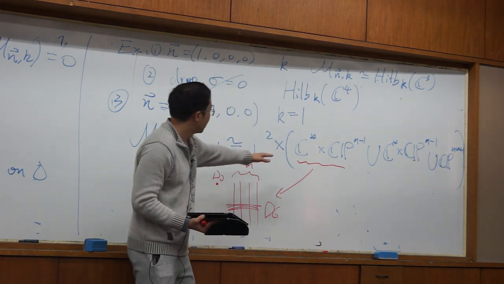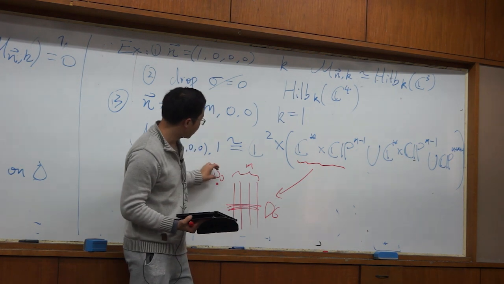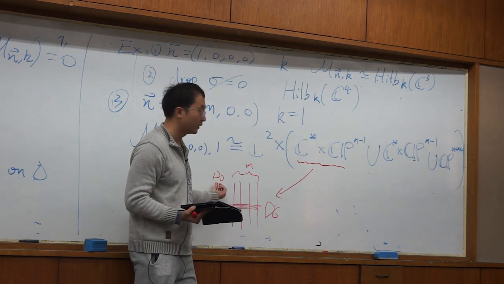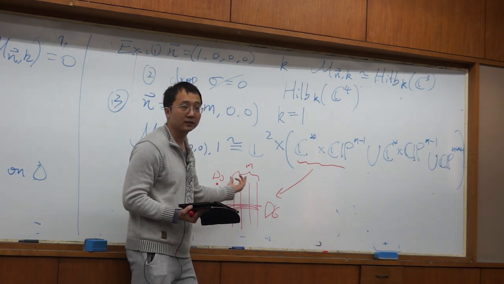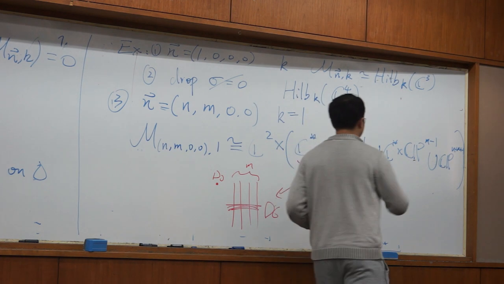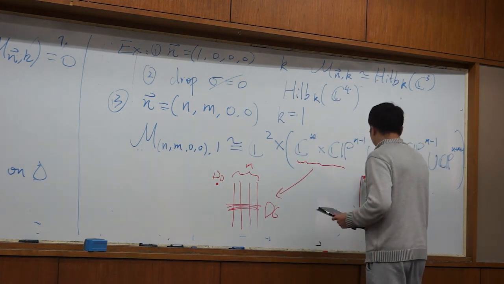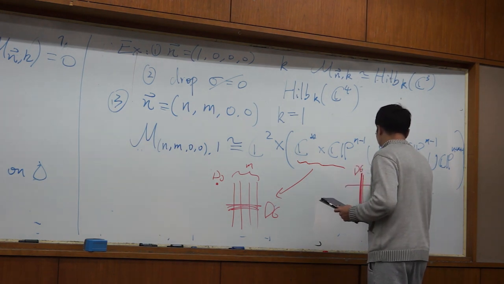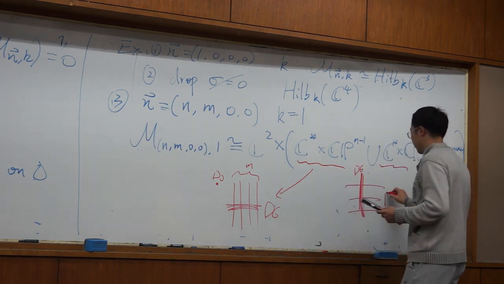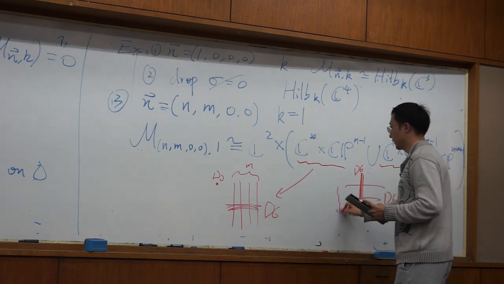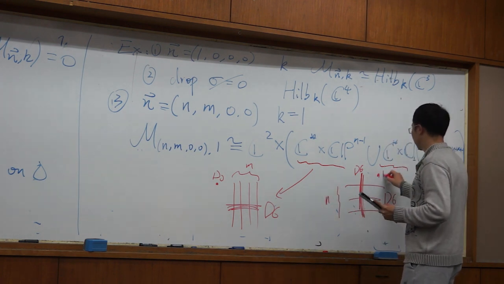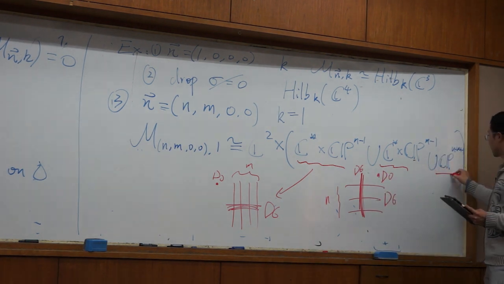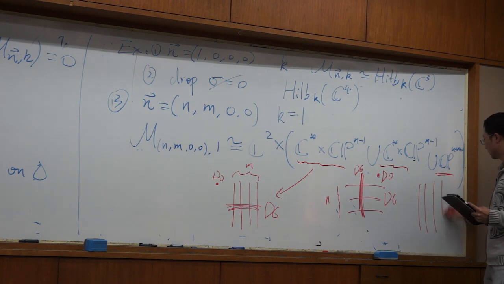So in this case, roughly the C star counts the D0 brane position relative to this stack of D6 branes, and the CP^(n-1) counts the distance between the D0 and this perpendicular set of D6 branes. This case is similar, where this set of D6 branes are stacked with each other, and the other set is separated, and we have D0 branes probing the distance. And in the last component, all the branes are separated.